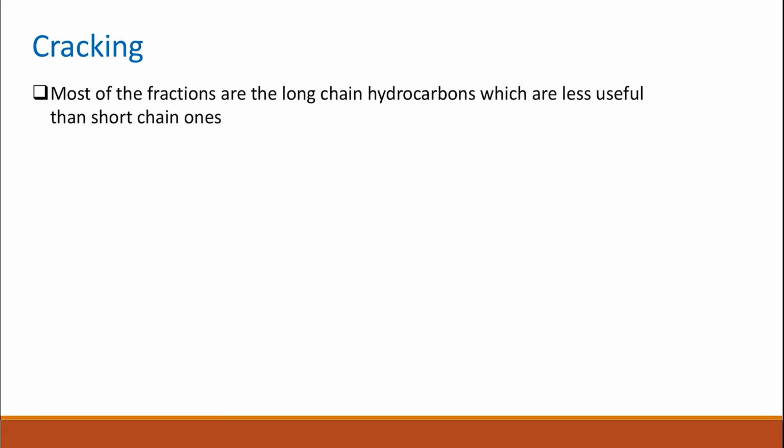Most of the fractions that are separated using the fractional distillation of crude oil are long chain hydrocarbons, which are much less useful than the short chain hydrocarbons. In order to use these long chain hydrocarbons and make them more useful, we use something called cracking, where the long chains are broken down to give you shorter chain hydrocarbons, which are much more useful than the longer chain hydrocarbons.